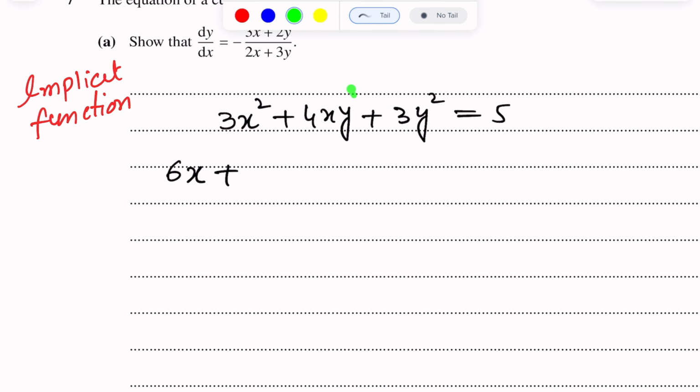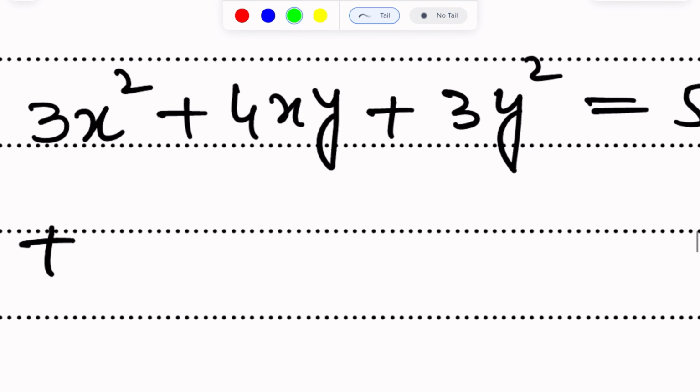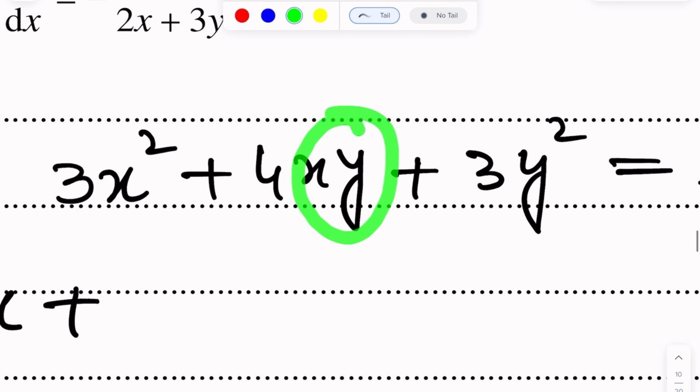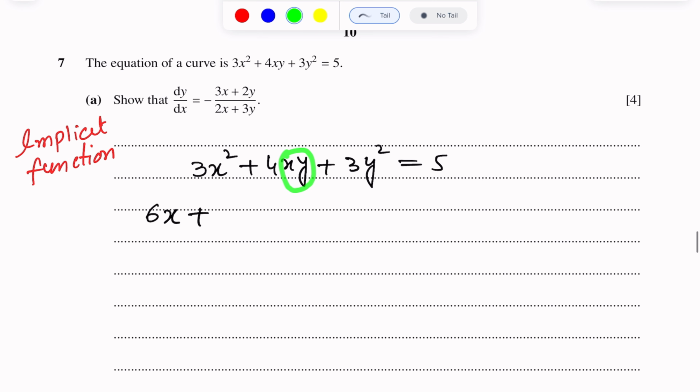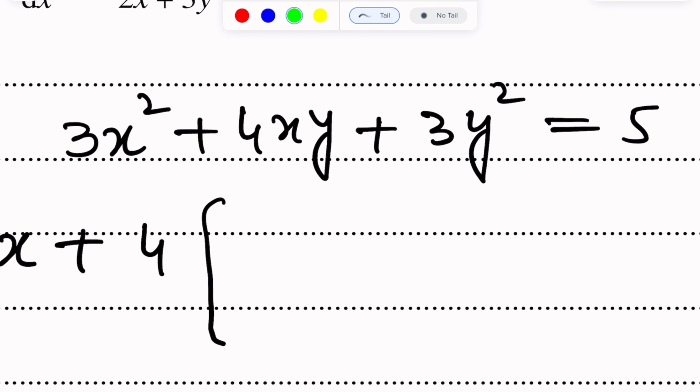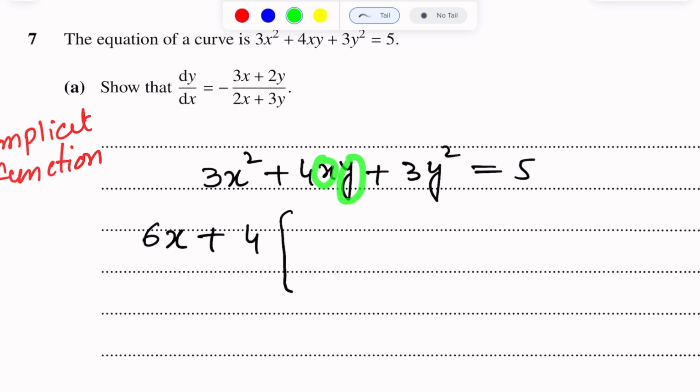Now to differentiate the second term 4xy, we will use the product rule. First function is x, second is y.